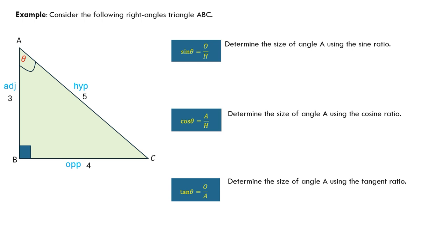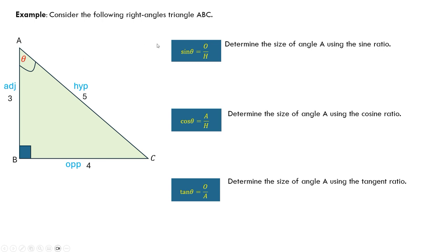Now in this question, we're told that our reference angle A is right here. We're given three sides. We're given the adjacent side, the hypotenuse side, and the opposite side. We want to know what the angle is.